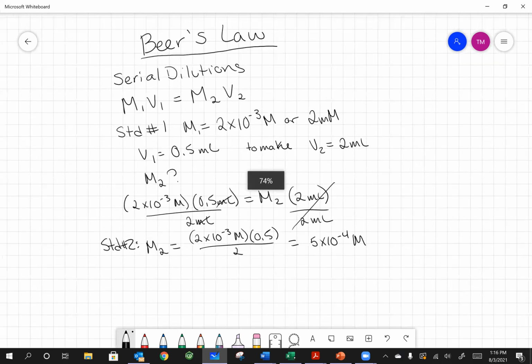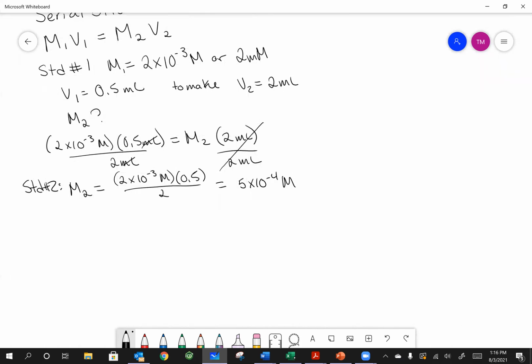So now we need to make standard number 3. Standard number 3 is going to be equal to M2 times 0.5 mils over 2 mils, because we need to make a 2 milliliter solution of M3 using 0.5 mils.